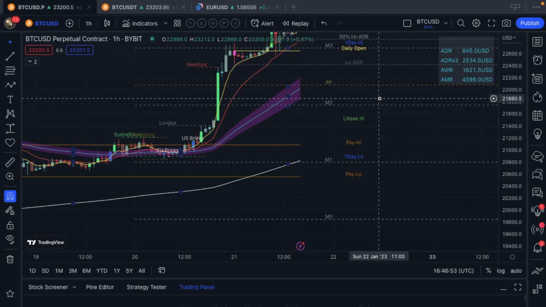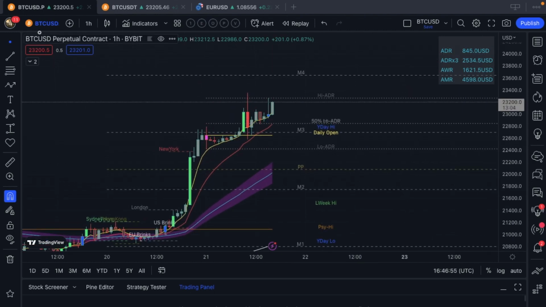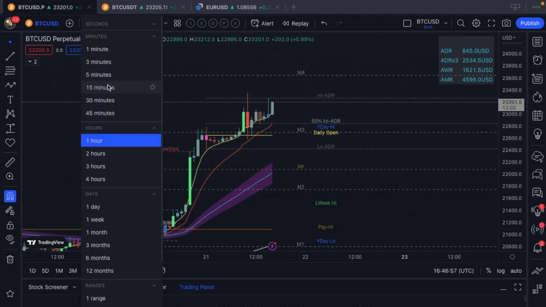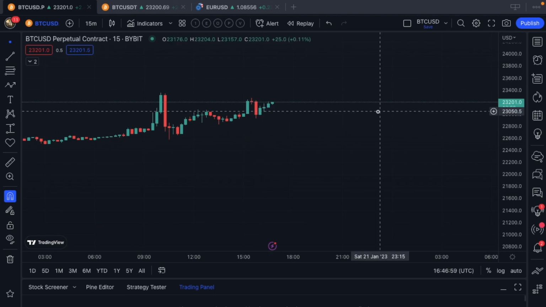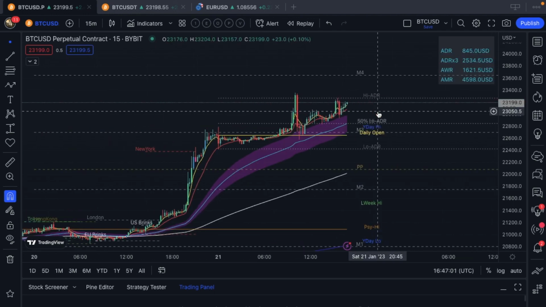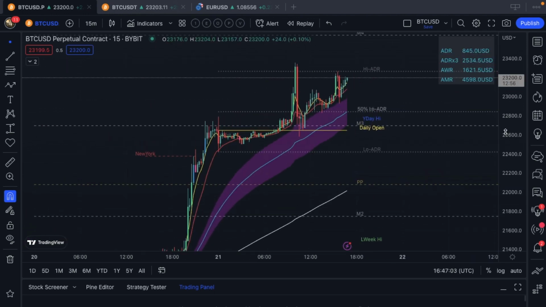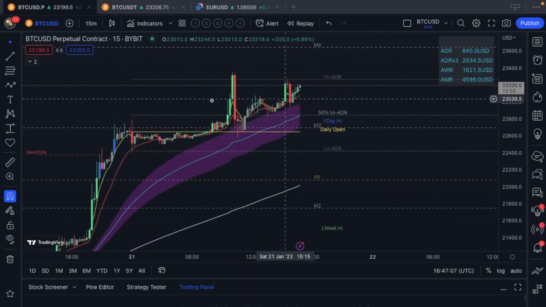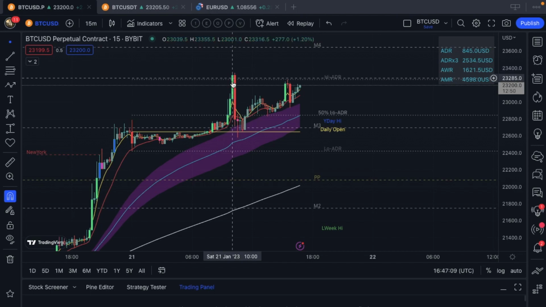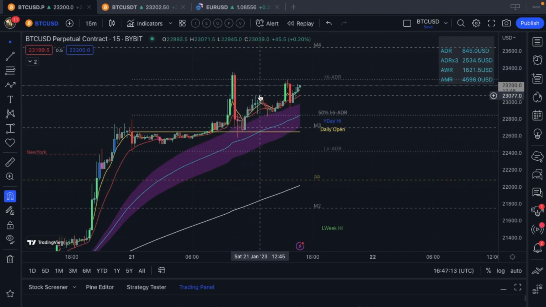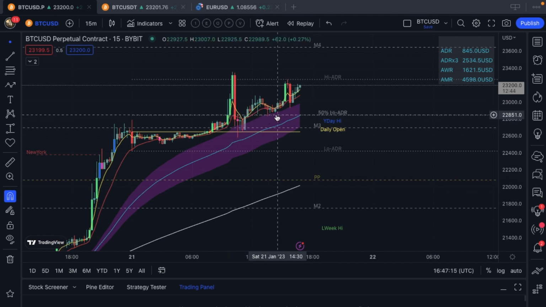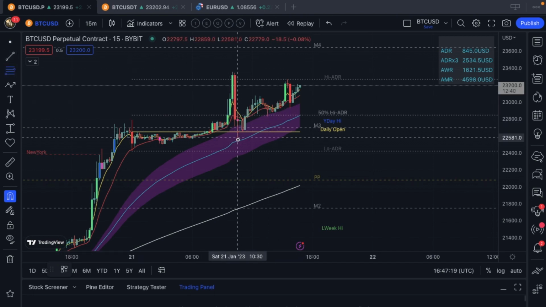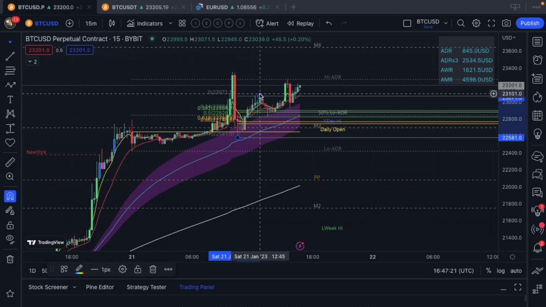As far as the 50%, I love to use that on scalps. Let's just take a peek at what's happened here today. So hit the high, you expect a daily open, hit the daily open, come back up, retest the 50, and this is where you start using other factors here.